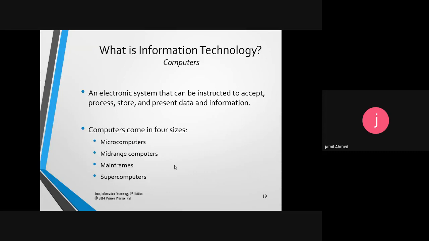From computer science, we can see that a computer is an electronic system that can be instructed to accept, process, store, and present data and information. So a computer is an electronic device which can process data into information, and information by using semantics can be converted into knowledge as well.